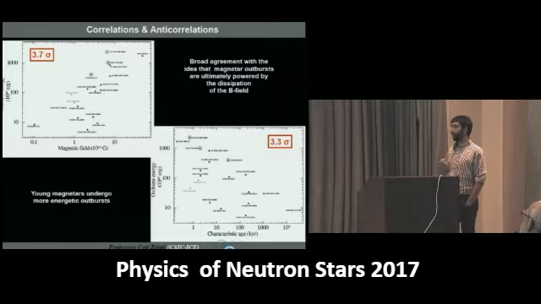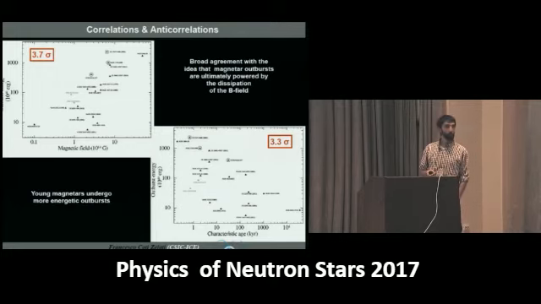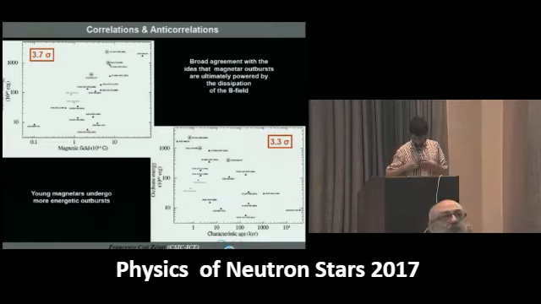Well, this is the characteristic age derived under the classical formula P over 2P dot, and I computed it using the most updated timing solution for this object. It's kiloyears. Okay. Yes, sorry. This explains everything.